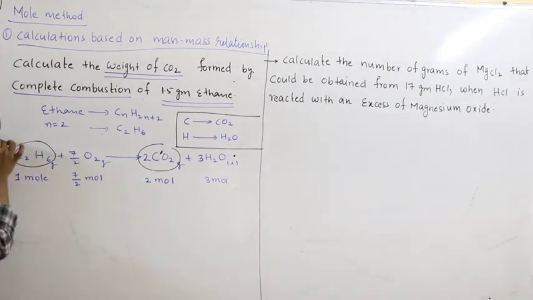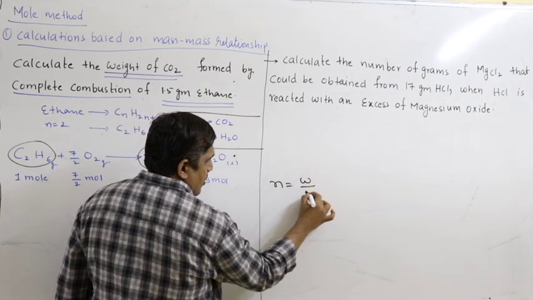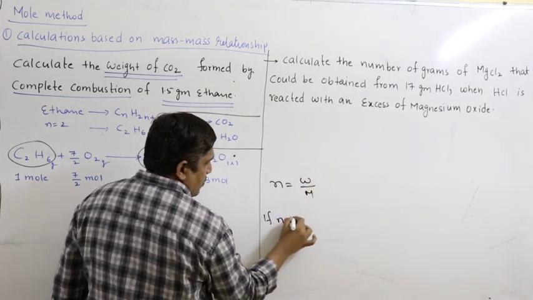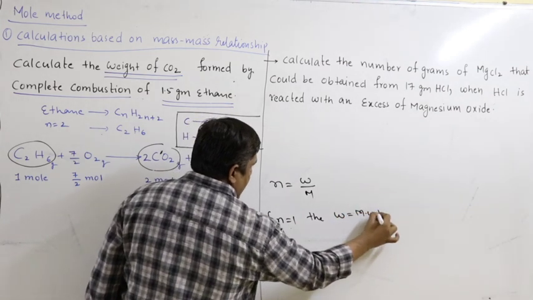1 mole of ethane. What is the meaning of 1 mole? Weight equal to molecular weight. Number of moles equal to weight by molecular weight. If n equal to 1, then mass will be equal to its molecular weight.